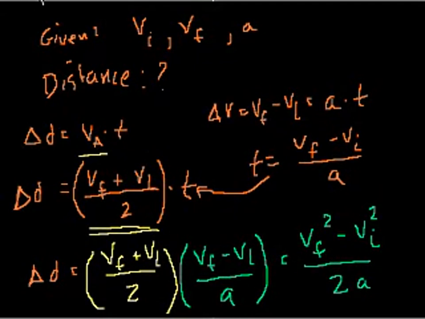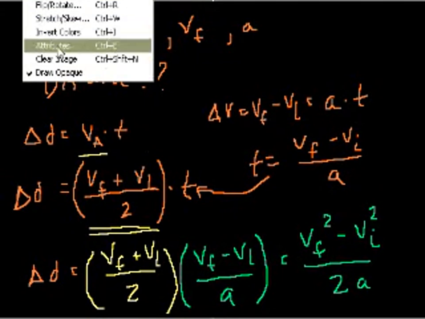That's exciting. Let me write that over again. So the change in distance is equal to Vf squared minus Vi squared divided by 2 times acceleration. And we could play around with this a little bit. If we assume that we start at distance equal to 0, we could just write d here, and that might simplify things.